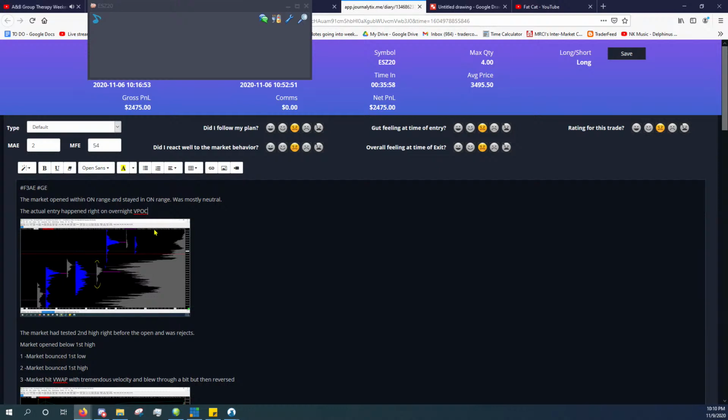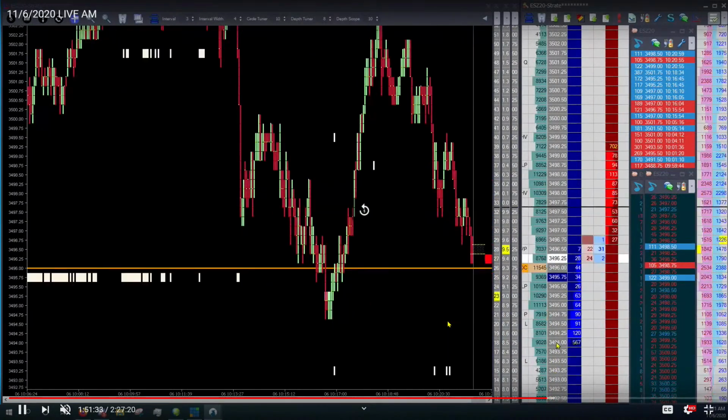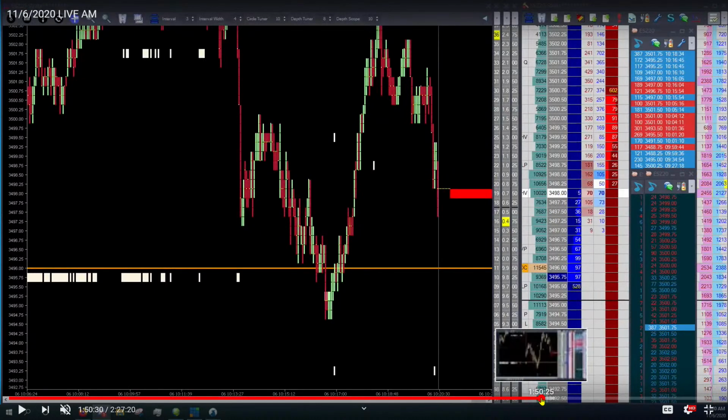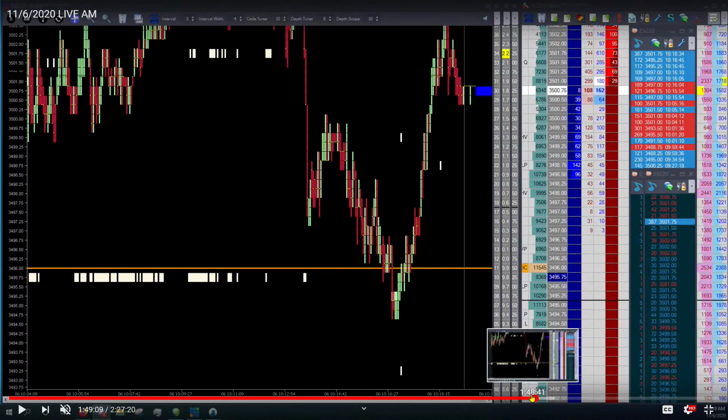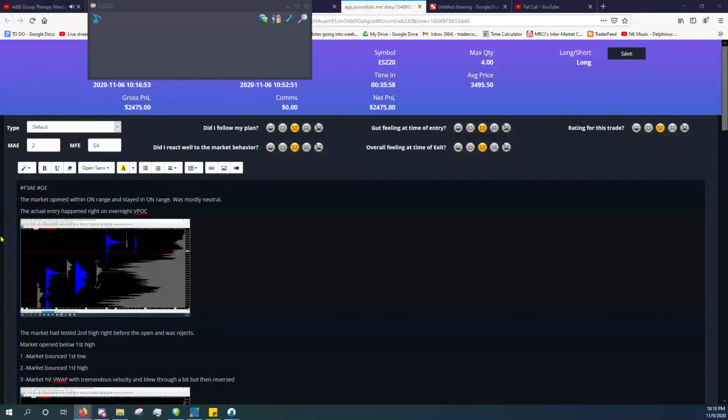Right on overnight VPOC. Well, actually, let's go back in time real quick. So it had several supporting factors.